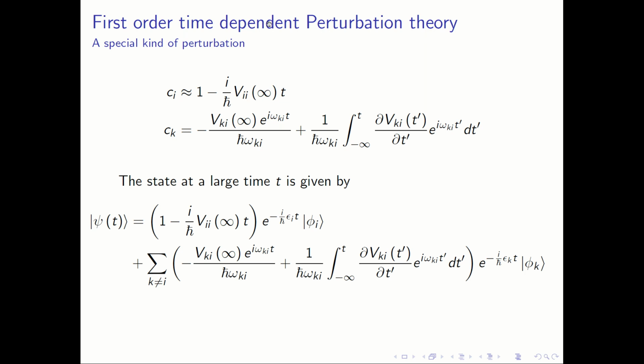Now, by using these two coefficients Ci and Ck and going back to our original expansion, remember psi of t was sum over n an of t phi n, and of course what we replace the an of t by cn of t's, so there will be sum over n cn of t e to the minus i by h cross epsilon n t ket phi n.